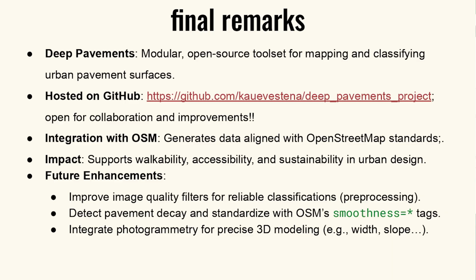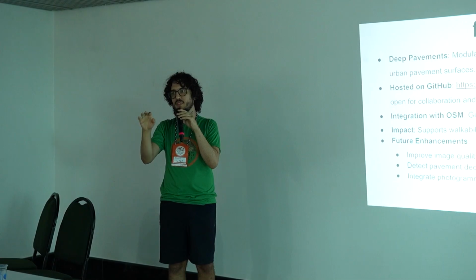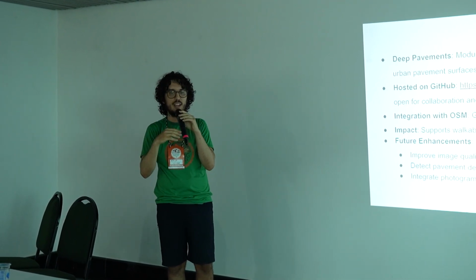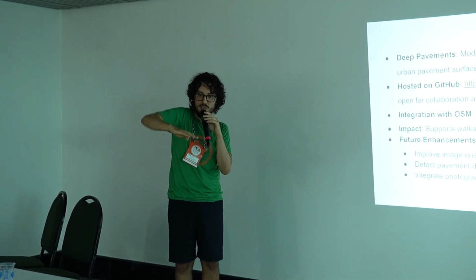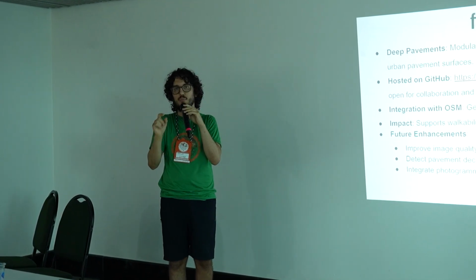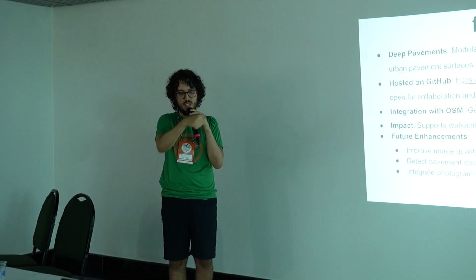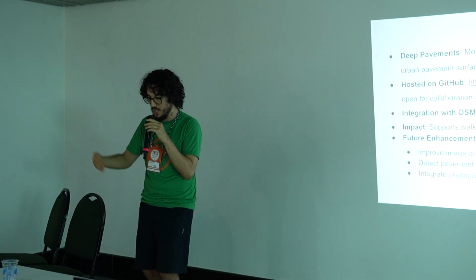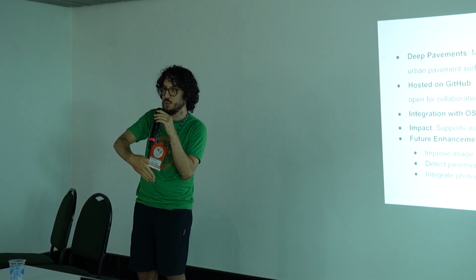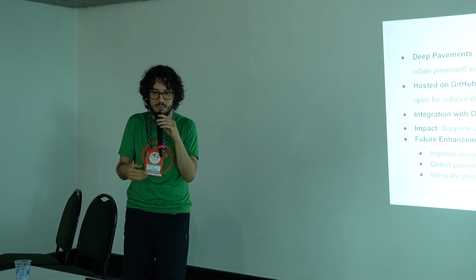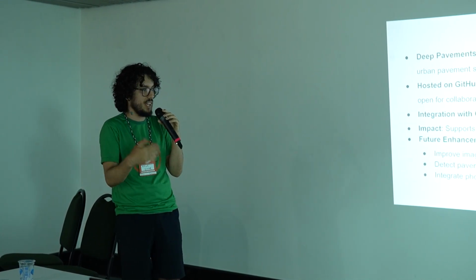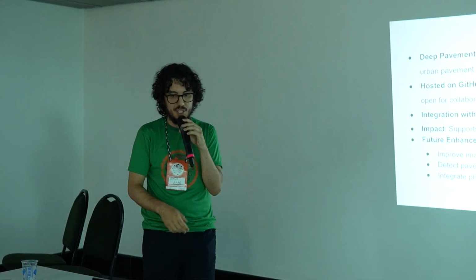So in the end, it would be surface, smoothness, and width, and ideally also the incline, mainly the incline not in the walking direction, but the cross-track incline that sometimes is a problem. And with 3D data we can extract that information.